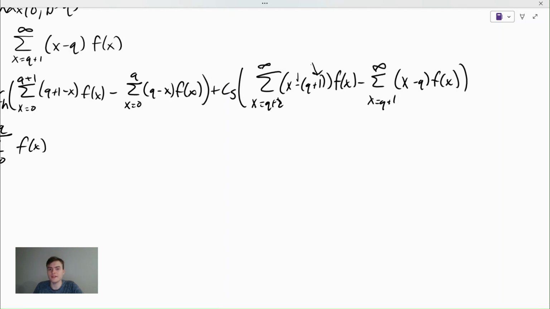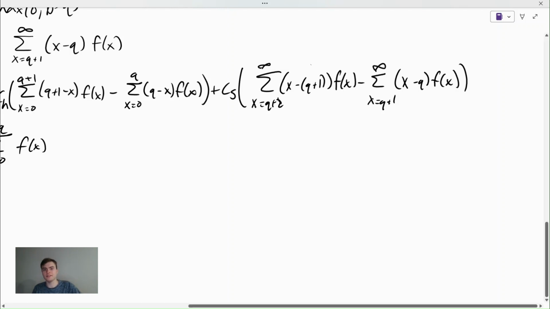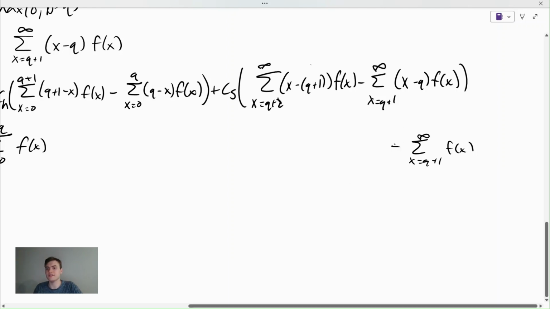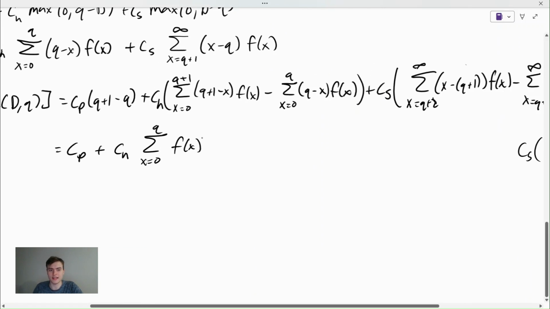the 1 is over here and we're multiplying a negative to it, right? So it's like we have negative sum x equals q plus 1 to infinity times f of x, or minus cs. When we're doing cs times this negative thing. So it's the same as minus cs times it.